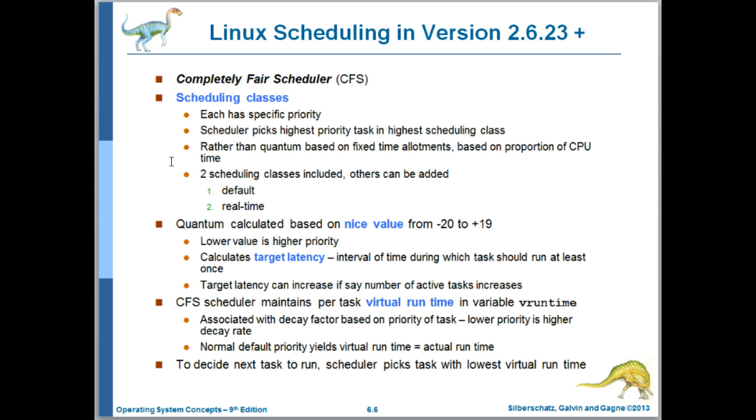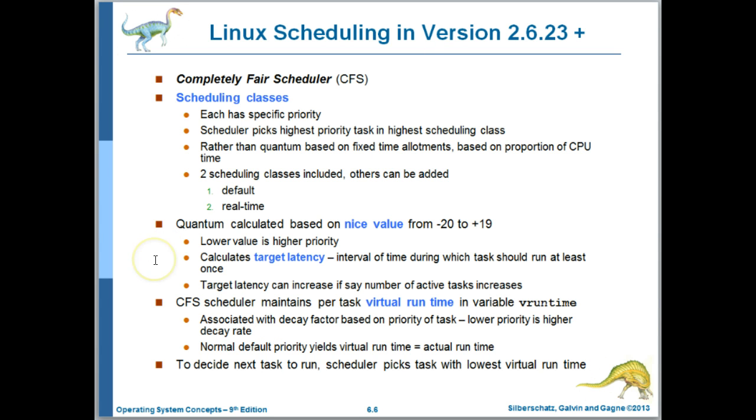So the way the designer of the algorithm thought about it is that each process, each task has its own virtual CPU that runs at 1/n the speed of the actual CPU. Again, a smaller priority number means a higher priority.